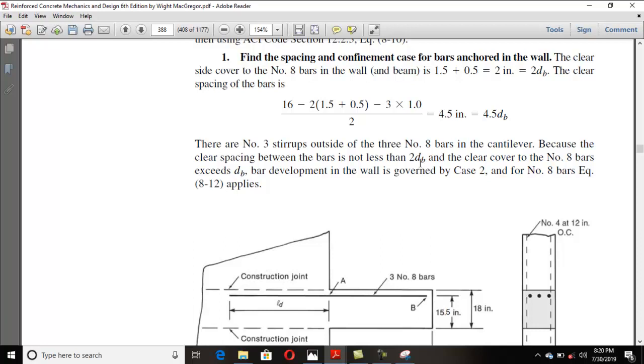Bar development in the wall is governed by case 2. And so what does it mean?